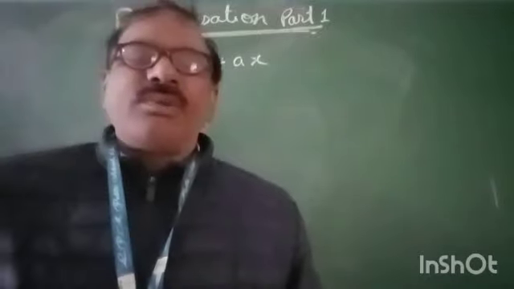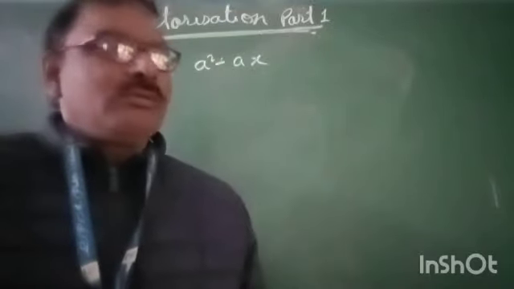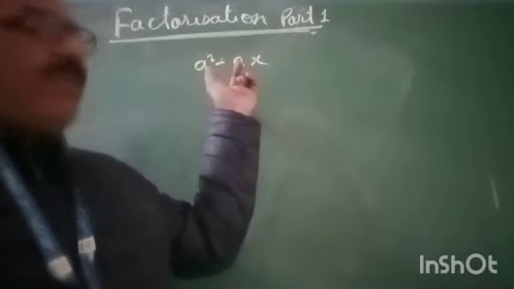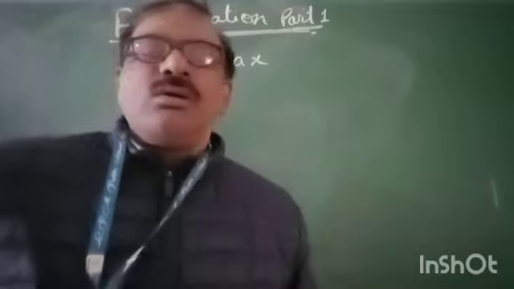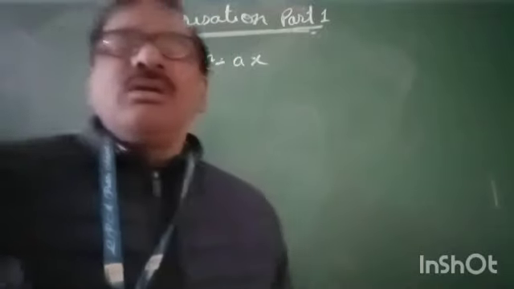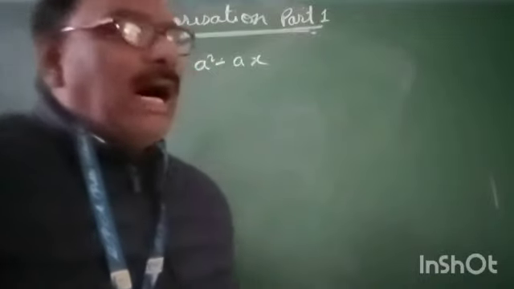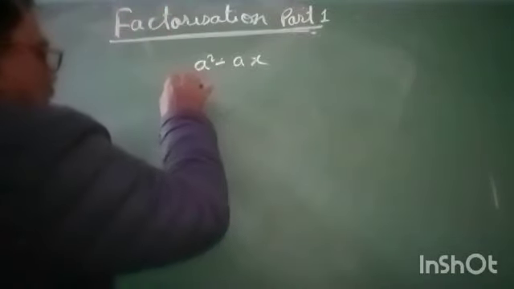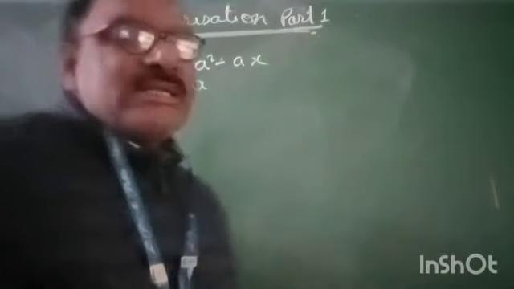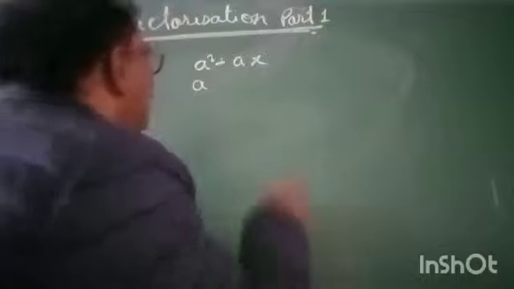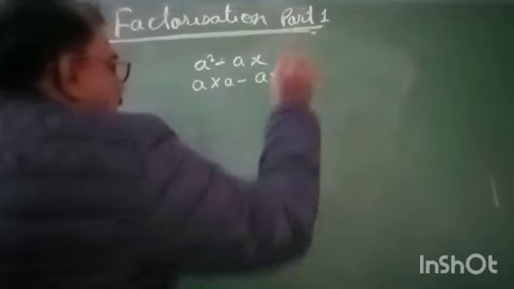For this, I will find out the greatest common factor of a square and ax. I will factorize a square. So when we factorize a square, it will be equal to a multiplied by a, minus a multiplied by x.